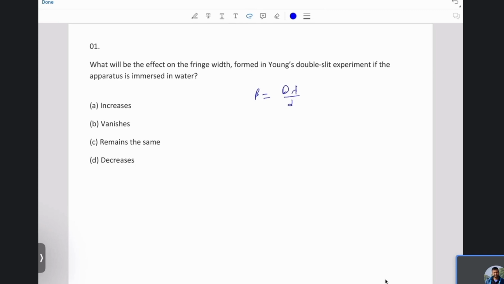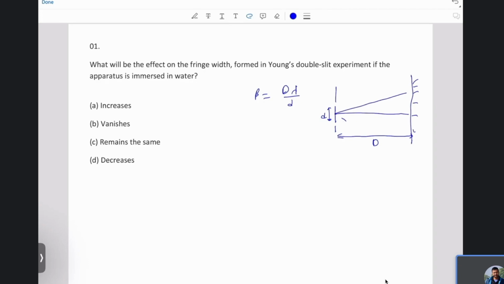Here, suppose these are the two slits, and the distance between the slits is small d, and capital D is the distance between the slits and the screen, right?